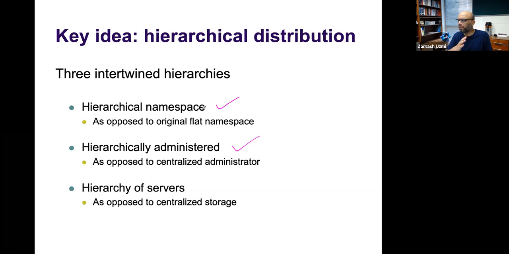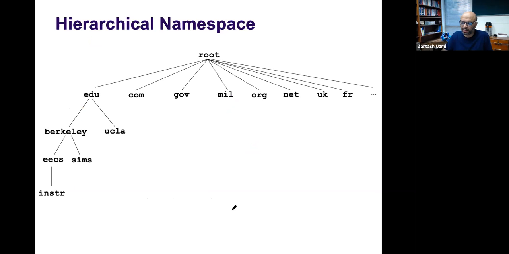If you read it in the reverse order, then PK means everything in Pakistan, then EDU, all the educational institutions in Pakistan, and then LUMS, which means the LUMS campus, and then venus.lums.edu.pk, this specific machine, Venus on LUMS campus. So it is hierarchically administered. LUMS will be responsible for the administration of those servers. And then there will also be a hierarchy of servers as opposed to a central storage. Servers will be distributed all over the place so that people can get the answers quickly.